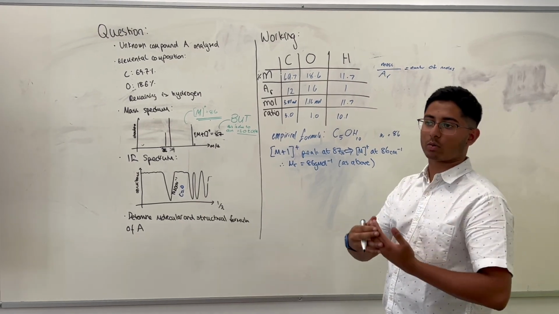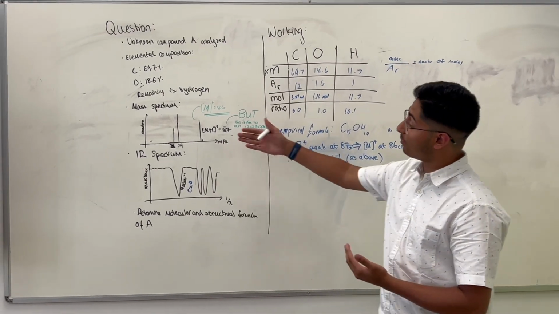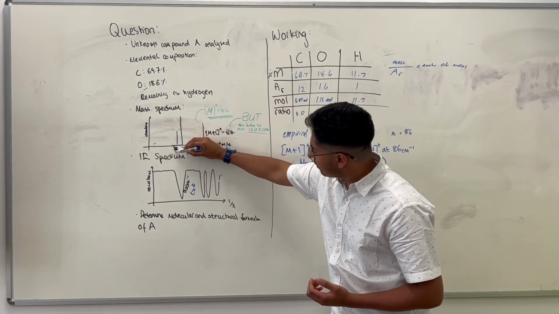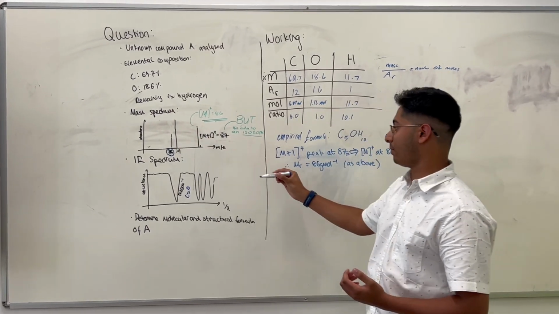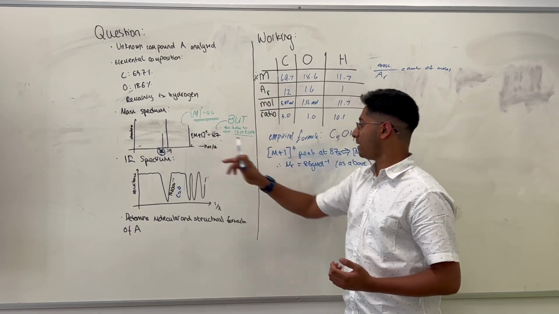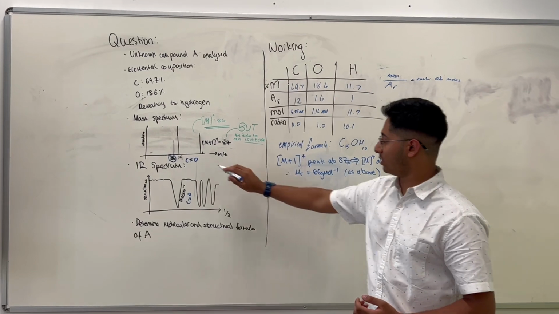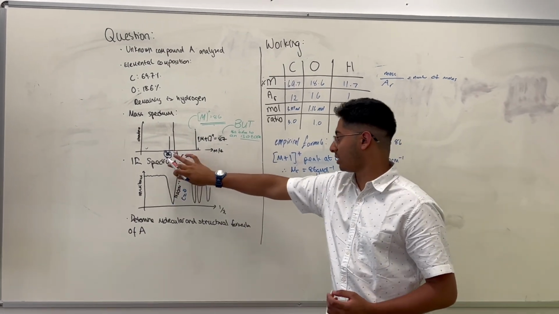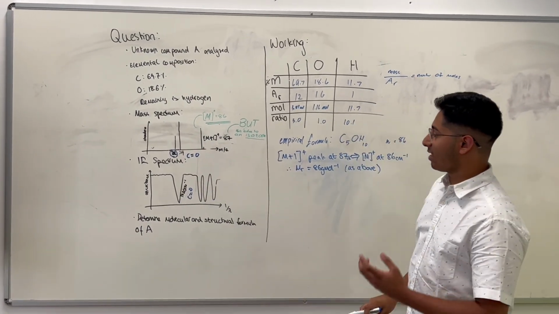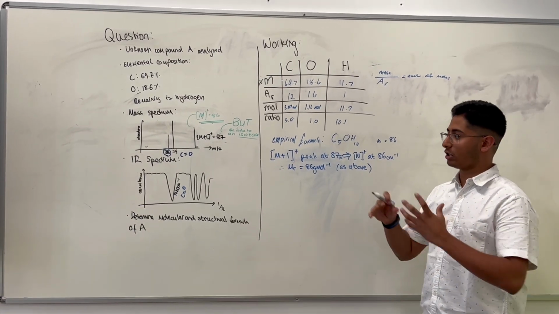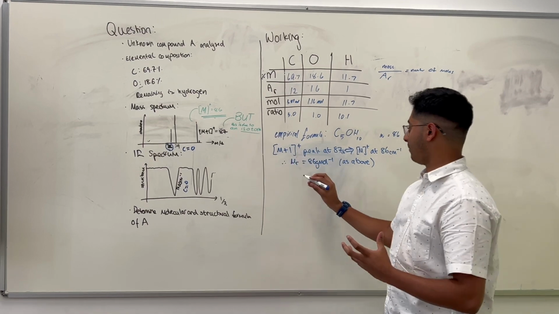To consider which one of these it actually could be, we need to go back to our mass spectrum. We see that there's an m/z peak at 28. Now, this peak can only be formed by that C double bond O, because it's 12 plus 16. Therefore, we're going to have to look for a compound which cannot actually form that peak.